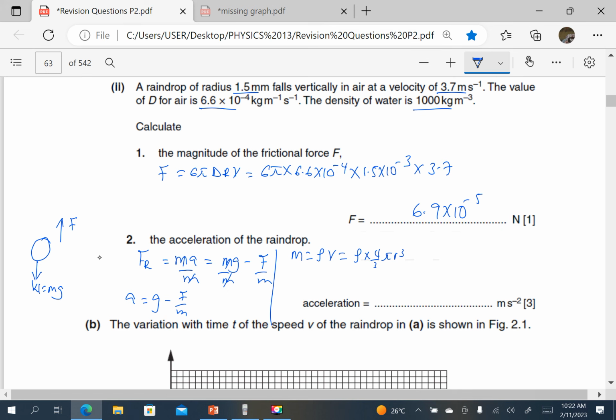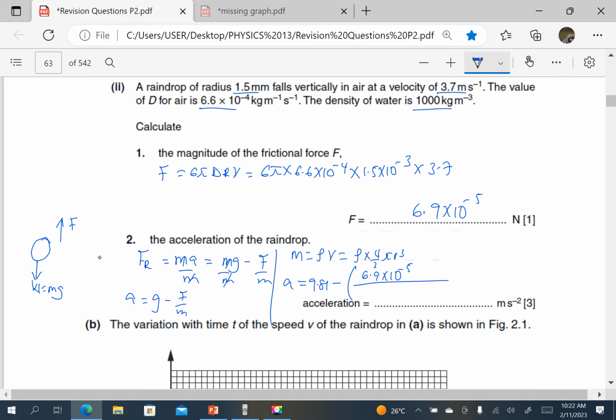Since they gave us the radius, and the density of water is 1000, we can now find the acceleration as being equal to g, which is 9.81, minus, open brackets, in the numerator I have F, which is 6.9 times 10 to the power negative 5. In the denominator I have the mass, which is density times volume.